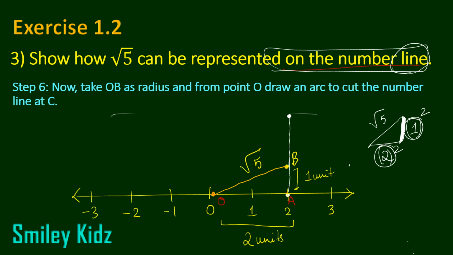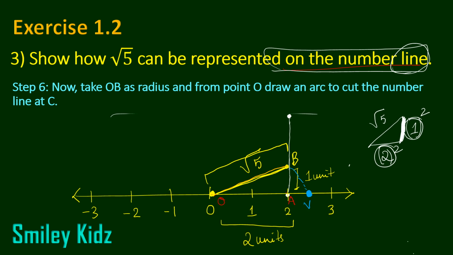Now what is step 6? Take OB as the radius and from point O, draw an arc to cut the number line. Here you need a compass. Take the measurement of O and B, and you have to draw an arc keeping the point at O. Using the OB measurement, you have to take the point as O and draw an arc intersecting the number line. So, let me do it.